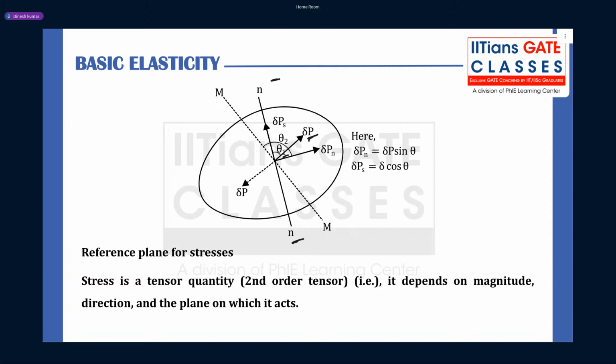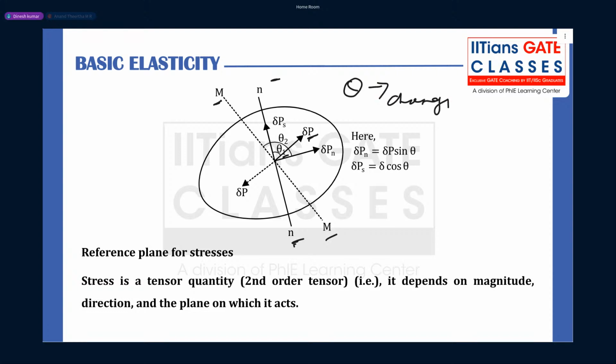What was the angle? Theta 1. Now if you change your plane from NN to MM, what is happening, guys? Theta is changing or not? Quickly, guys. Yes, sir. If you change your reference plane, theta will change, right?